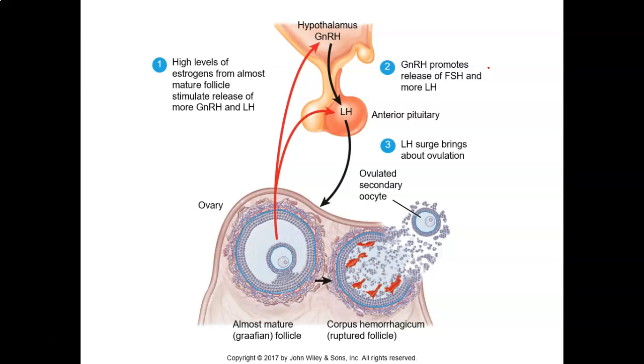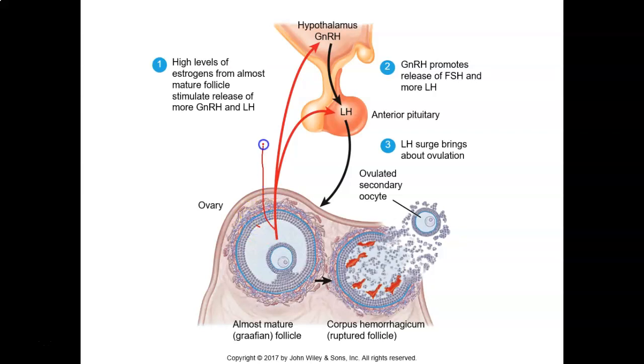Just a graphic of the actual ovulation, the release of that mature oocyte. You can see high levels of estrogens from the mature follicle stimulate the release of gonadotropin-releasing hormone and LH. As this follicle is developing, estrogen is being pumped out.